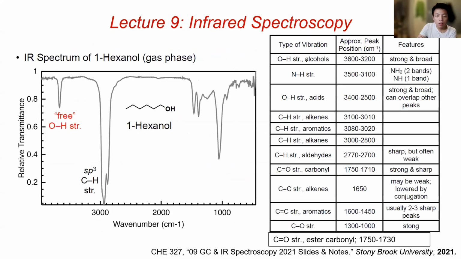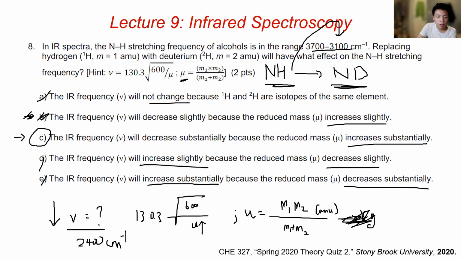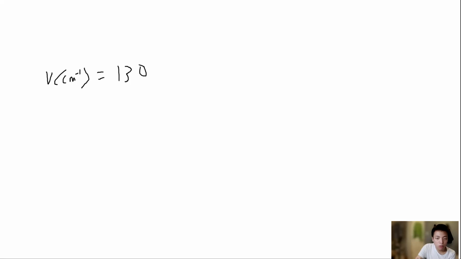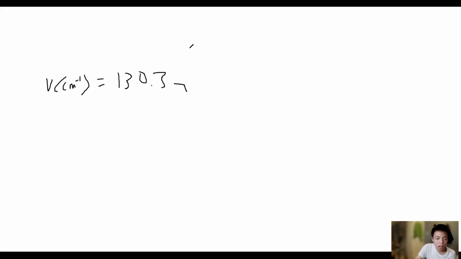Sure. So for the calculation, let me use a whiteboard. We have wave number equals 100, what is it? 0.3 times the force constant. It was given to be 600 divided by reduced mass.